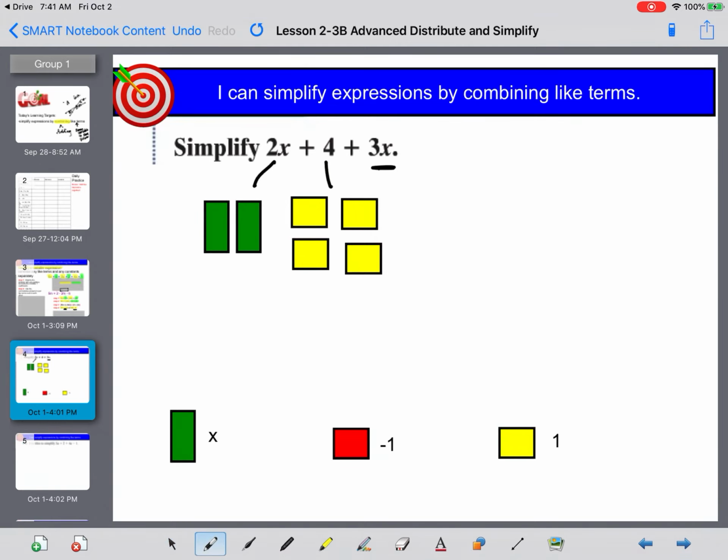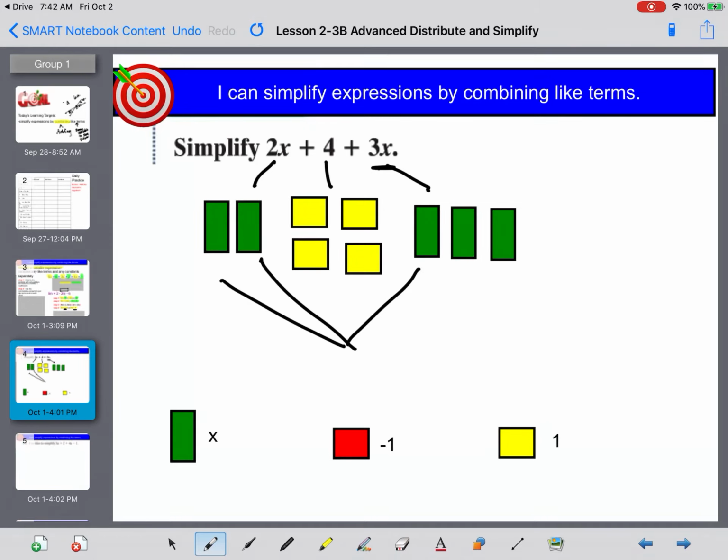So this is 2x, this is 4, and now I need to add 3x. 1, 2, 3 x's. You can see why we combine the x's together, because they are the same. I have a total of 5 x tiles, and I have 4 positive tiles, 5x plus 4.